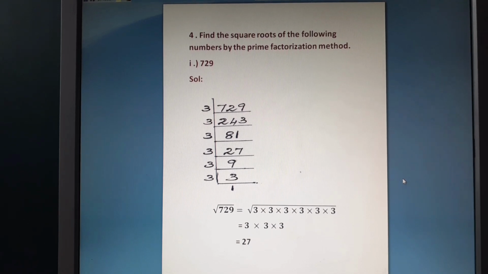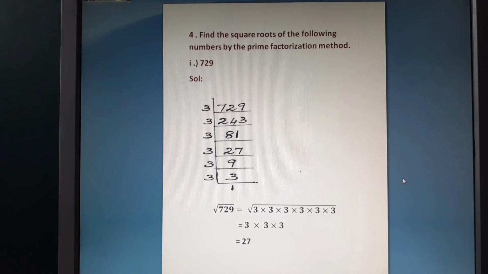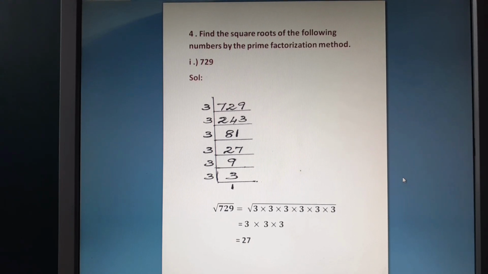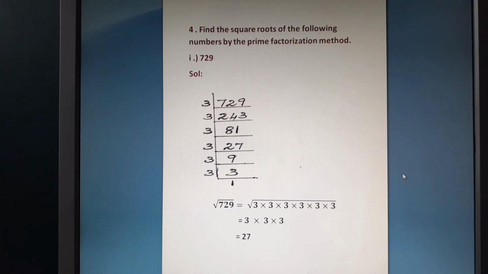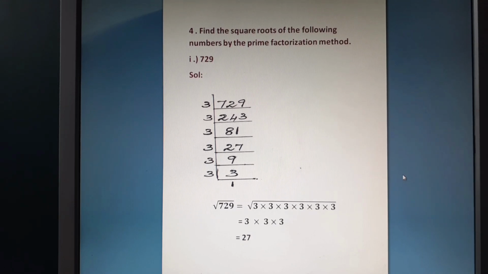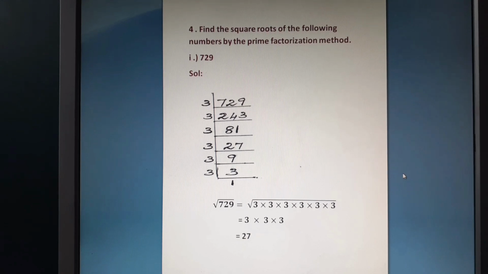Root 729 is equal to root of 3 into 3 into 3 into 3 into 3 into 3. That is equal to 3 into 3 into 3. How many pairs of 3's are there? 3 pairs of 3's are there. So 3 into 3 into 3, that is equal to 27.